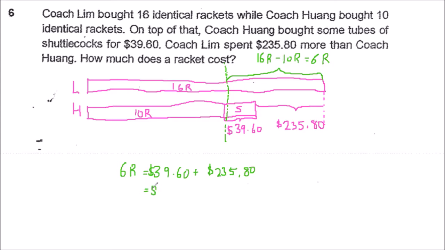We will have $275.40. Okay, so we can find one racket. We just take this amount divided by 6. And each racket will be $45.90. Okay, that's the answer.